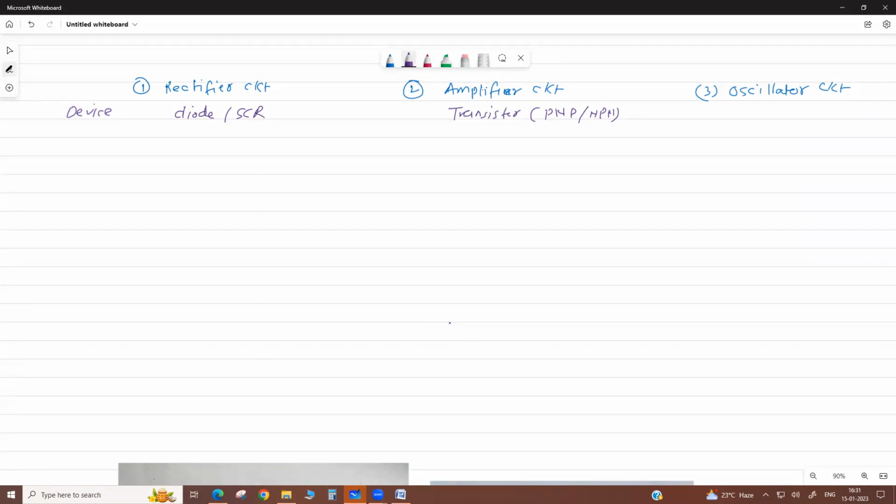There is an audio oscillator in the audio range, and an RF oscillator produces the radio frequency. Okay, so please let me draw here. You can draw the circuit.